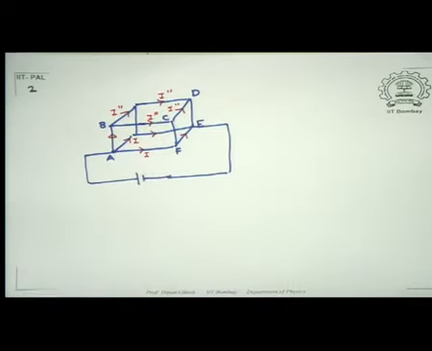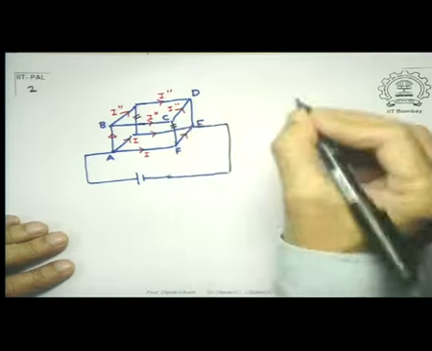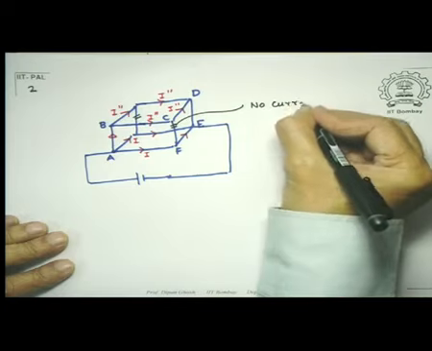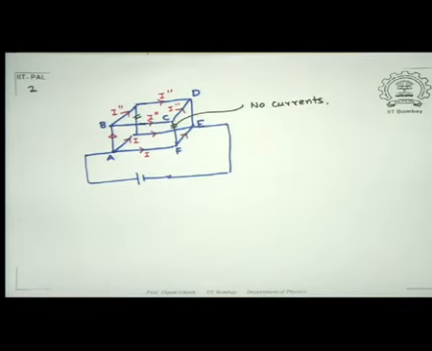Now notice something interesting. What it tells me is that there are two paths in this where there are no currents. So this conductor and this conductor have no currents in them. In other words, even if you removed them, they will not participate in the circuit. And so you notice the major difference.